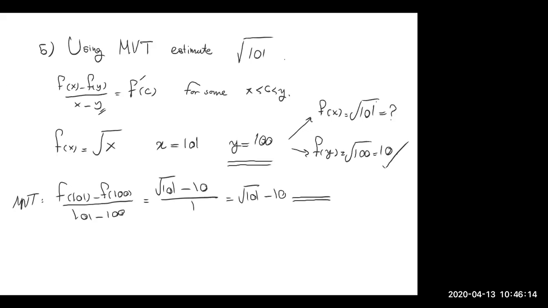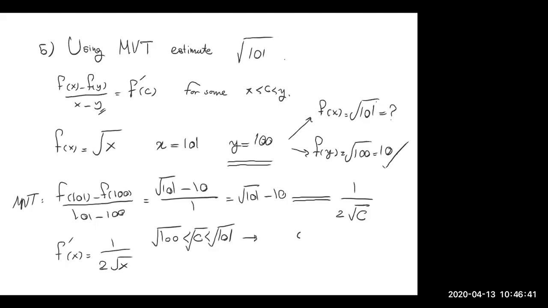Well, we know f prime of x is 1 over 2 square root of x. Okay, but since c is between 101 and 100, the square root of c is also between them.